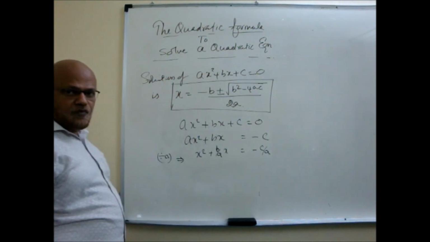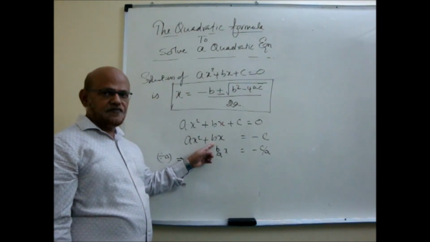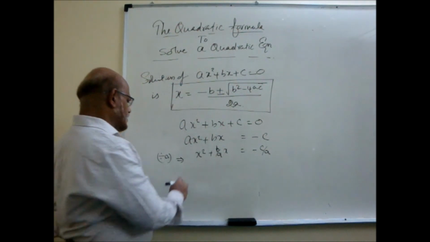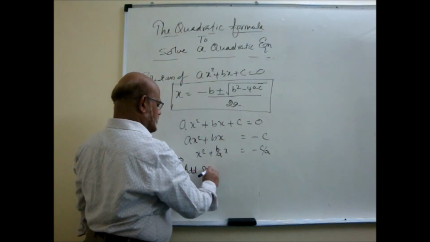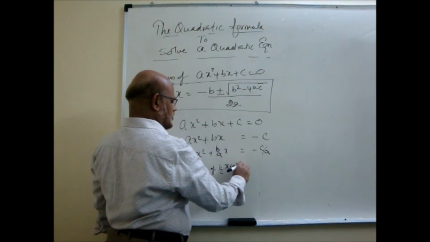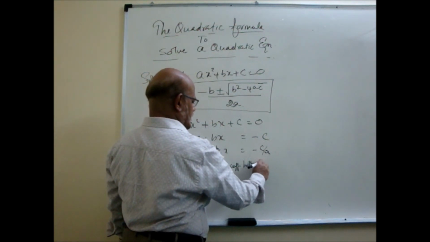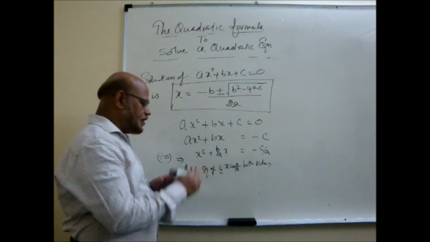Next step, take the square of half of the x coefficient and add it to either side. The x coefficient is b by a, so square half of it and add on either side.